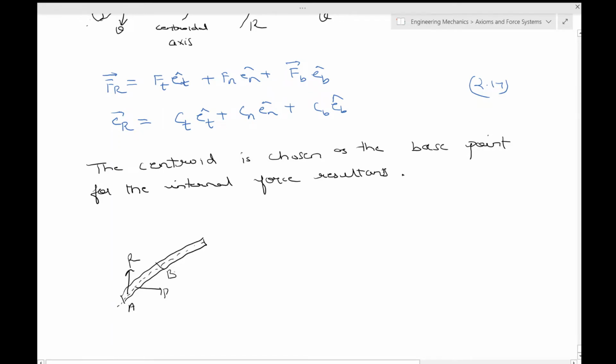Let's make this hypothetical cut at B. You have force Q, you have this C, and you have D.